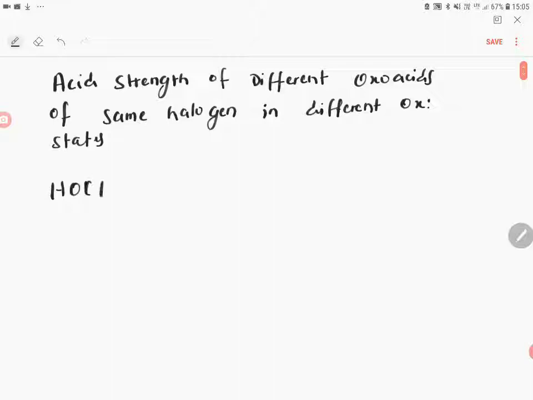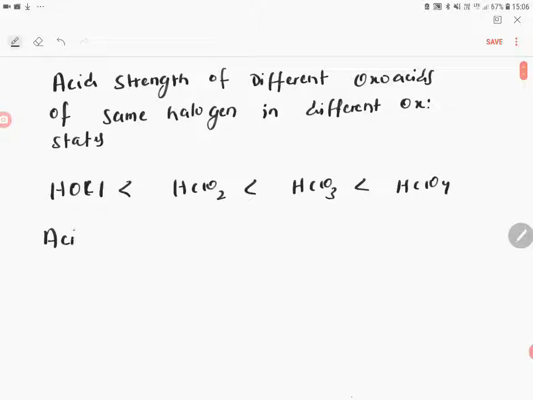First you will have hypochlorous acid, then comes chlorous acid, then comes chloric acid, then comes perchloric acid.